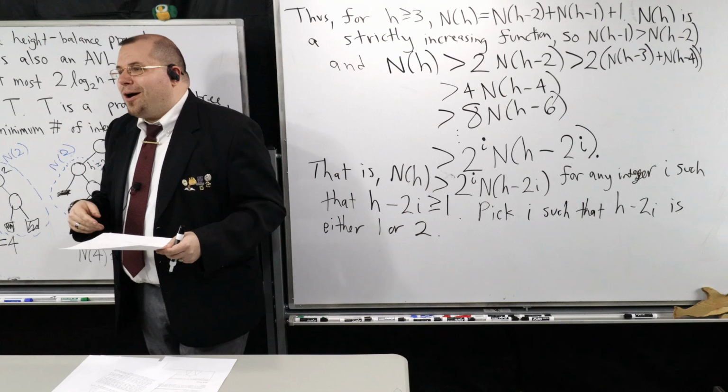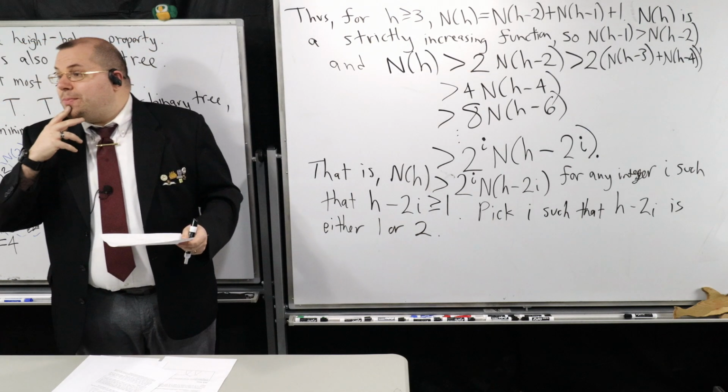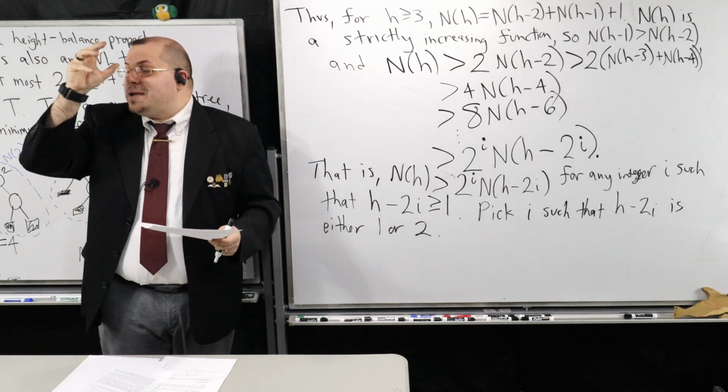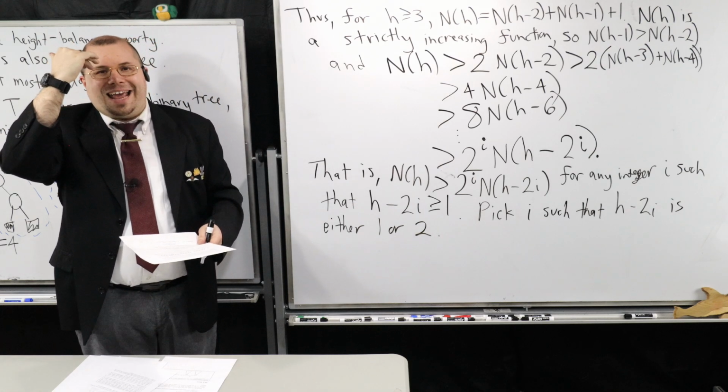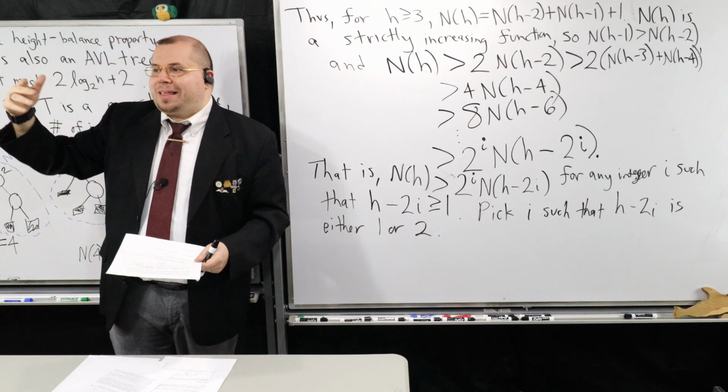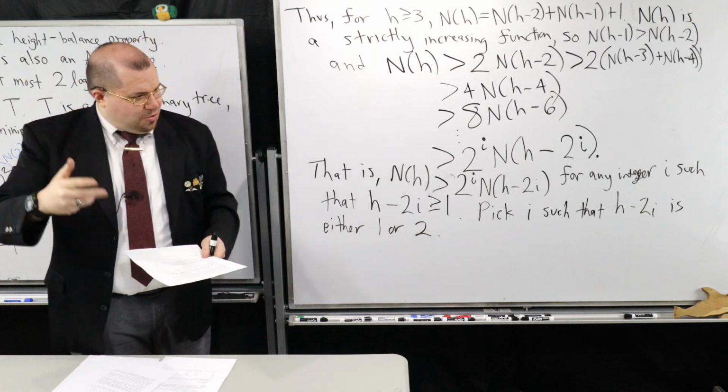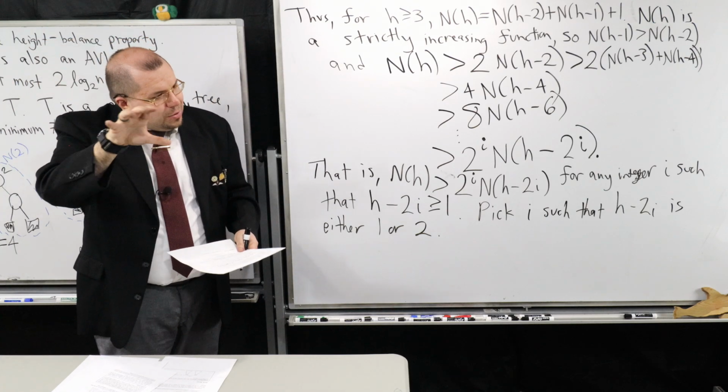You might ask, Dan, why am I doing that? So remember, n of h is the minimum number of internal nodes that an AVL tree of height h can have. So that's what we were deriving over here when we were drawing out the AVL trees. We were trying to figure out what the pattern was.